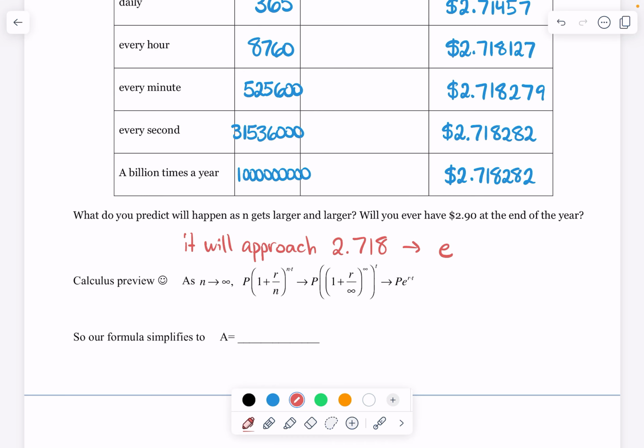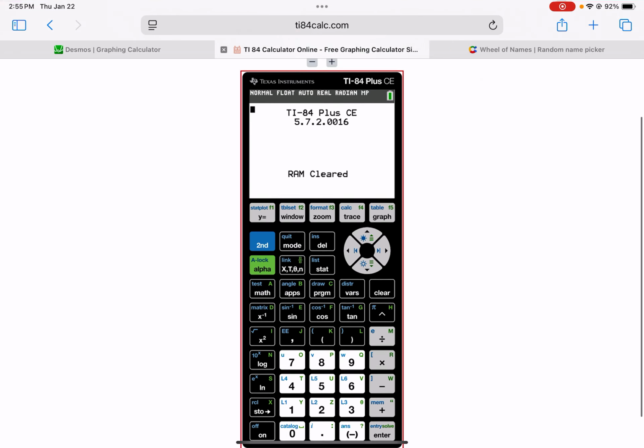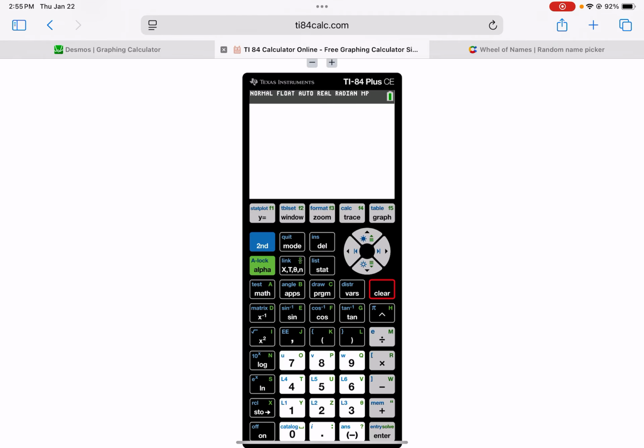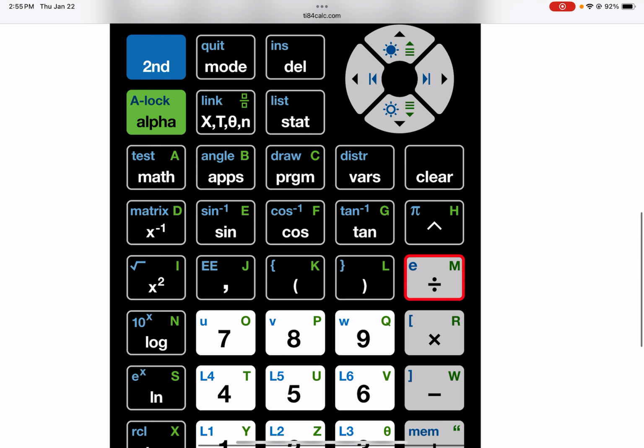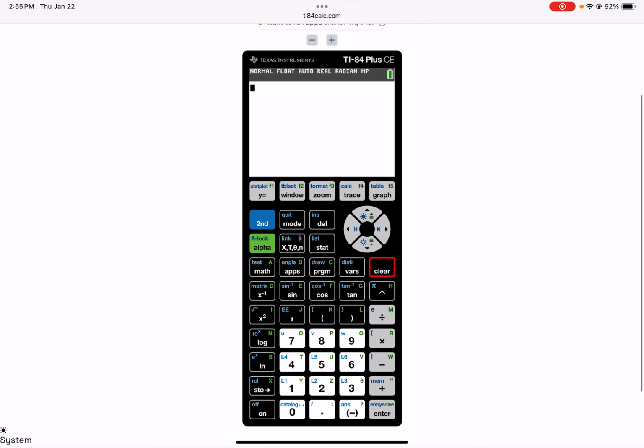You can find this on your calculator. Let me see if I can find it on here. If I go to my calculator, right here, that will give me e. If I did second divide, e, and hit enter on that value, we see it comes out to about 2.72.